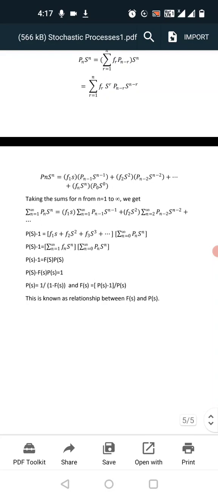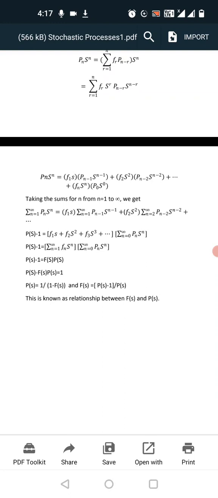Taking the summation from n equal to 1 to infinity on both sides, we get the summation n equal to 1 to infinity pn s power n equal to f1 s summation n equal to 1 to infinity pn minus 1 s power n minus 1, plus f2 s square summation n equal to 2 to infinity pn minus 2 s power n minus 2, plus etc.